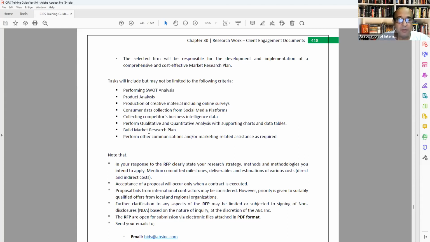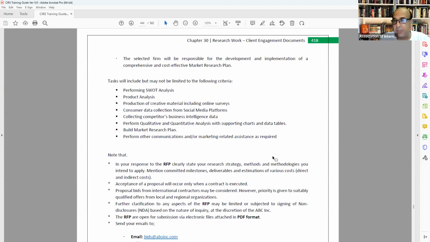And then, of course, you have to look at resources that are in hand, or resources that you have to look for from outside as subcontractors. So all of those need to be figured out.